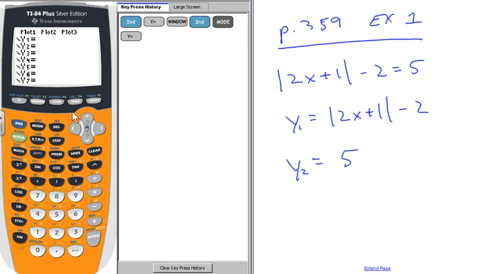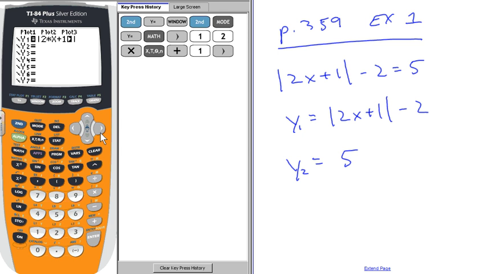So to set equation y1, first we have to pull up our absolute value function. And to do that, I go to Math, shift over to Number, and 1. That's going to give me the absolute value, so I'm going to plug in my 2 times x plus 1.